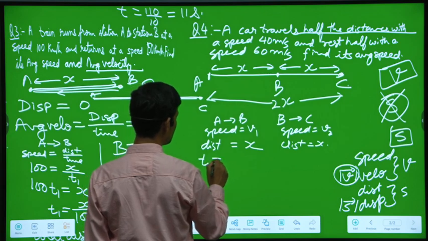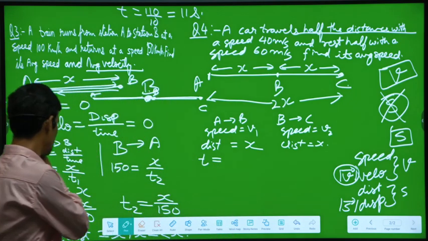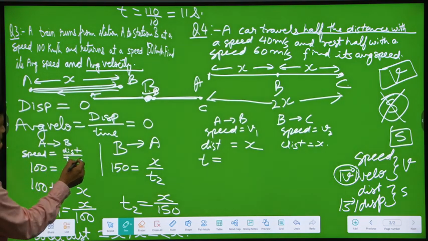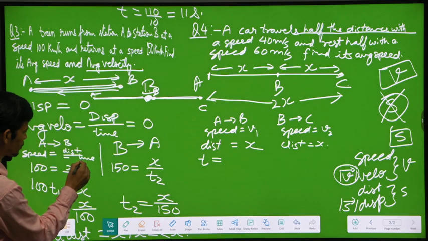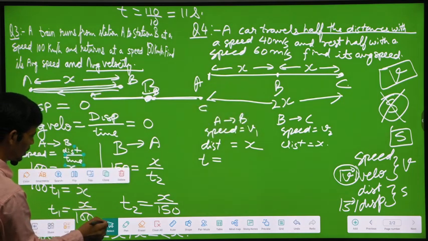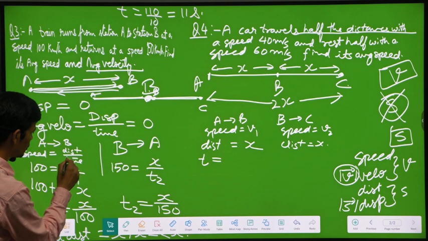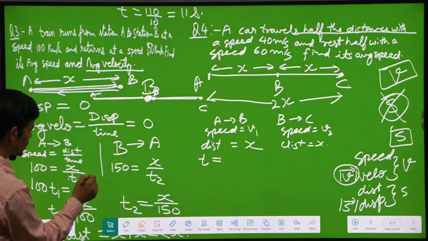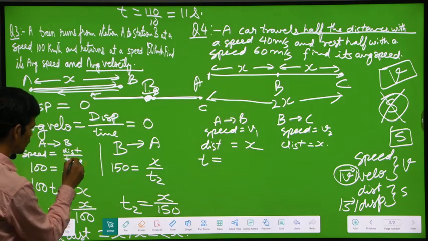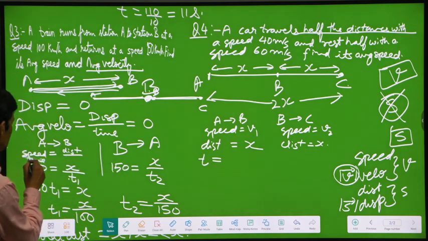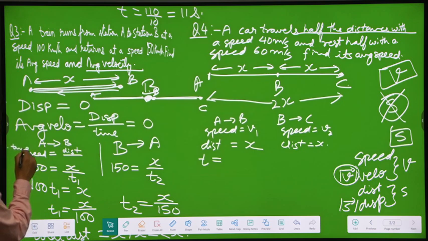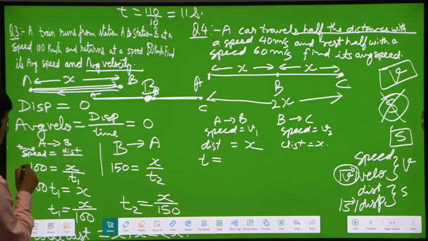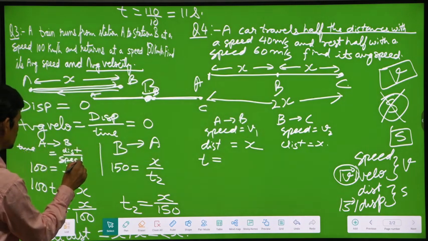So time will be, if we cross multiply, we have to take this speed there.